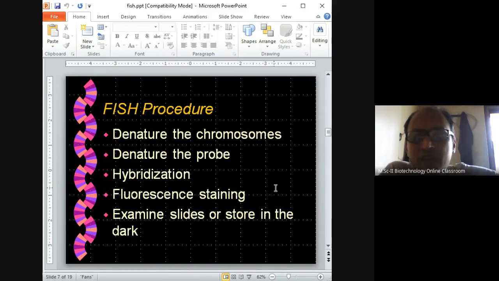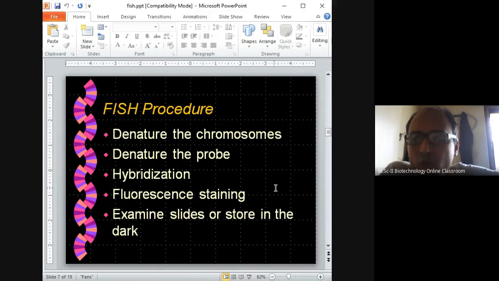The probes will have tags which will selectively interact with the fluorescent dyes. So these dyes will go and bind to the probes. Once they bind, they will emit the fluorescence and we can visualize these under the microscope, and this is what we call fluorescence in situ hybridization.